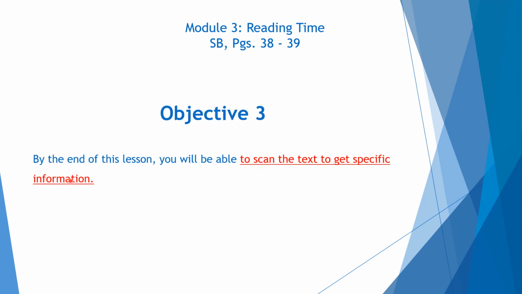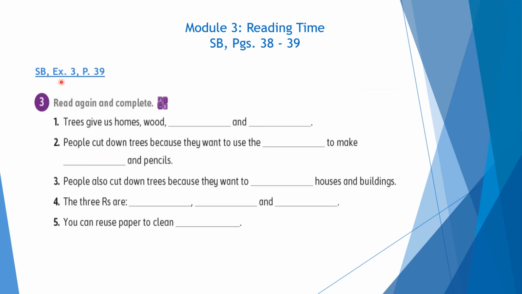Objective 3. By the end of this lesson, you will be able to scan the text to get specific information. Go to exercise 3 on page 39. Read again and complete. Now let's see the first one. Trees give us homes, wood, food, and oxygen. Now I'll give you 2 minutes to do the rest. Yes, 2.